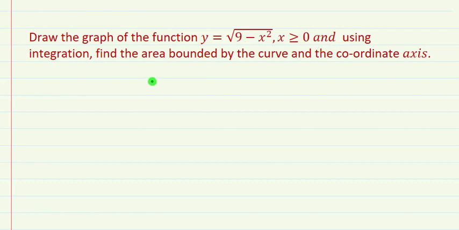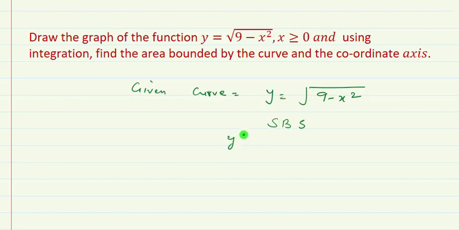So the given curve is y is equal to square root of 9 minus x square. Let us simplify this square root sign by squaring both sides.